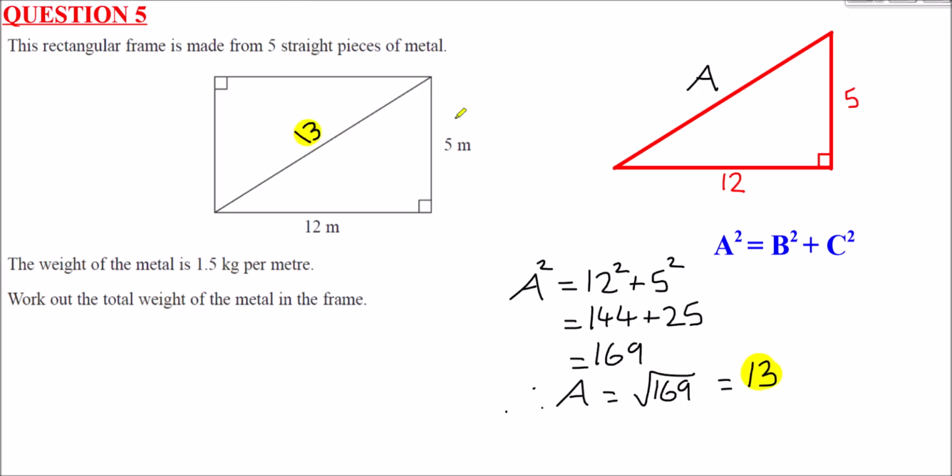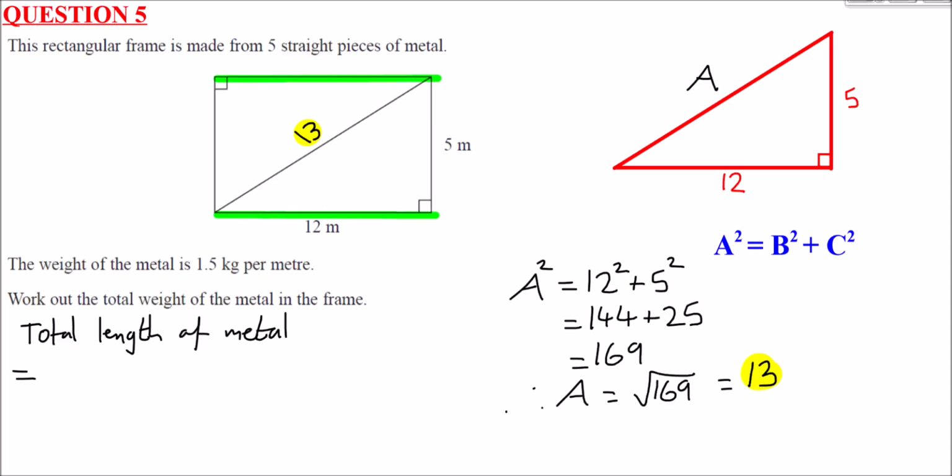Now what we can do is work out the total length of metal. Obviously we've got the top and bottom, and because it's a rectangle, they are going to be equal: 12 and 12, so 12 plus 12.